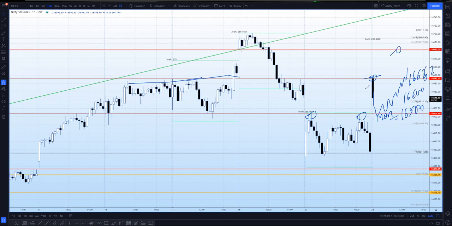Okay, over here. So from an intraday perspective, if we get a dip near the 16,500 level over here, try to buy the market. What stop loss can we use? We can use maybe a 50 point stop loss somewhere over here.